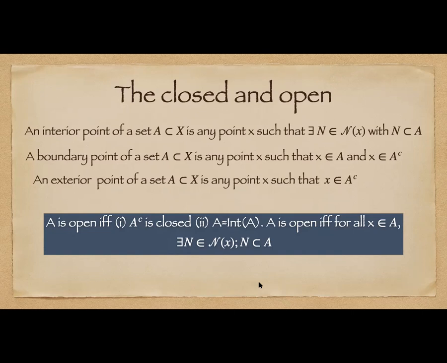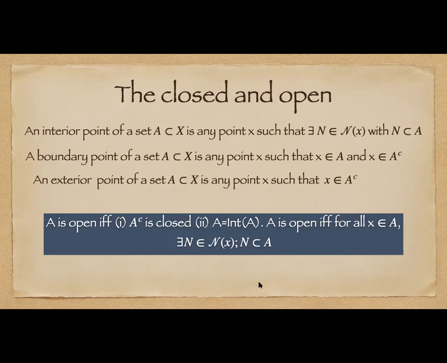Again, we can take our favorite manifold set and then we can visualize an interior point x and test this definition for a general abstract collection of elements X and a subset A of that X.